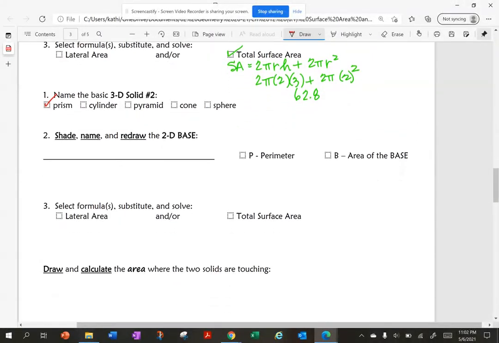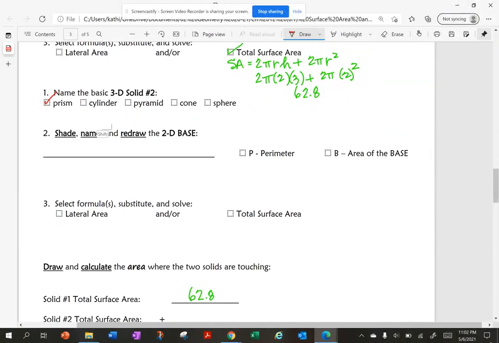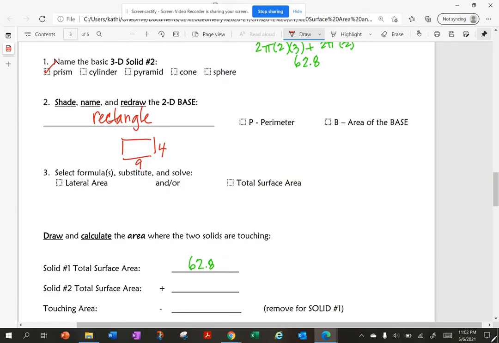So my base is a rectangle, which is 9 by 4. And I just want the total surface area, and we had this from the last problem. So my total surface area is P times H plus 2B.